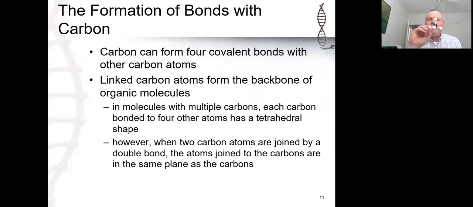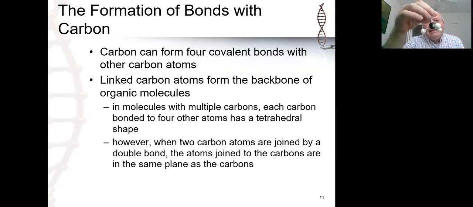So we need to remember, and here's our old friend methane again, that the 4 covalent bonds are formed by these 4 hybrid orbitals that point to the points of the tetrahedron. So when we start linking carbons together to form chains, what we're really doing is linking together these tetrahedrons.